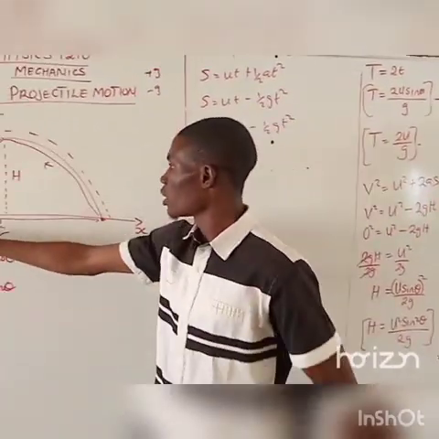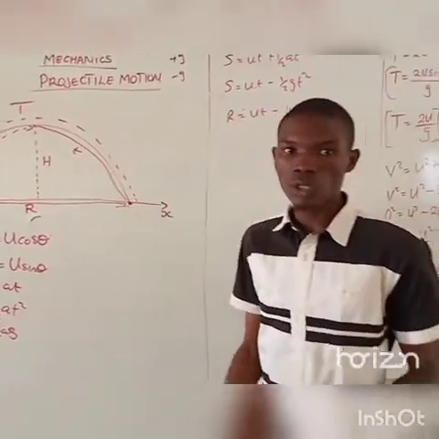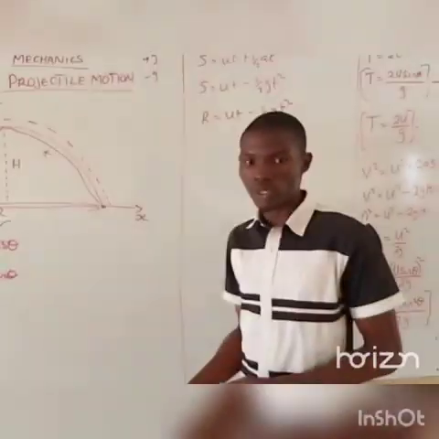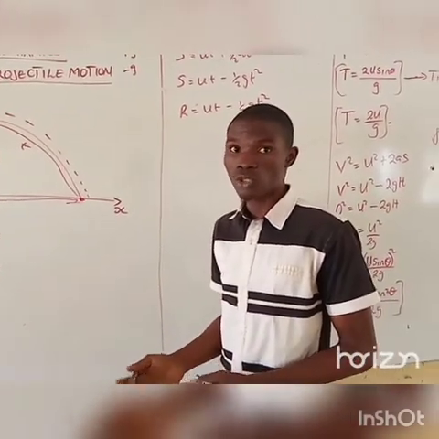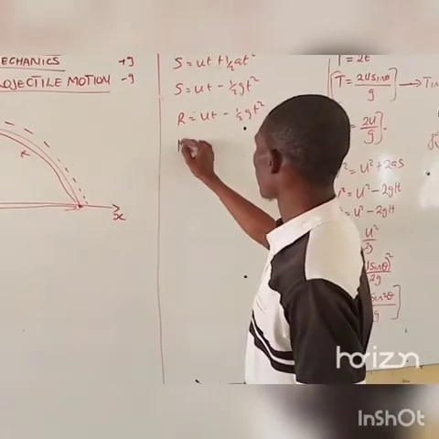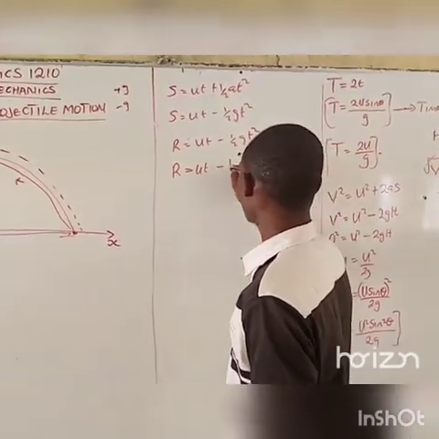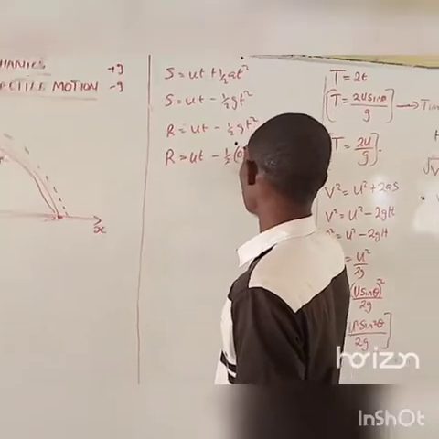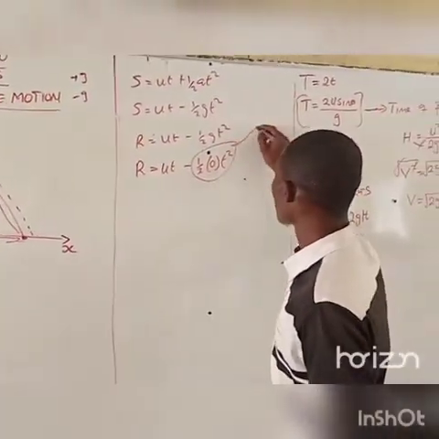But recall, range is on the horizontal. Since it's on the horizontal, there is no influence of gravity, which means g is equal to 0. So if g is equal to 0, I have R is equal to ut minus 1 over 2 multiplied by 0 multiplied by t squared. So everything here approaches 0.